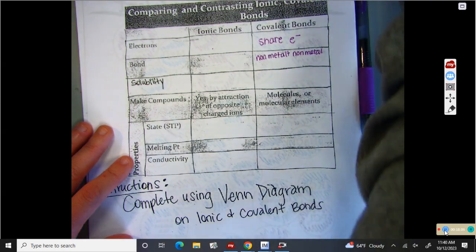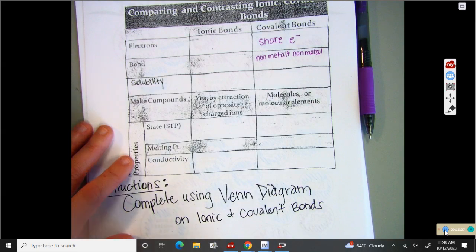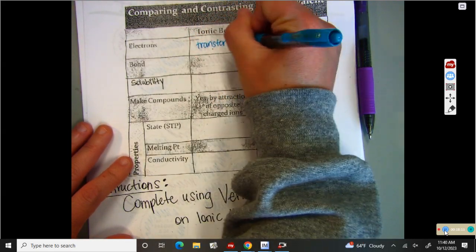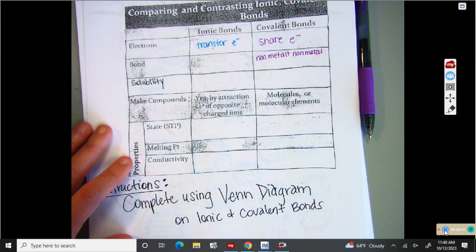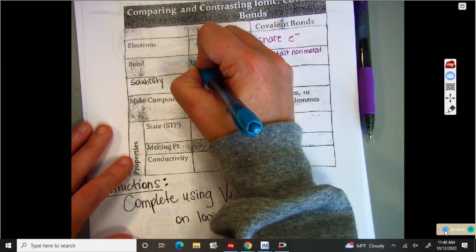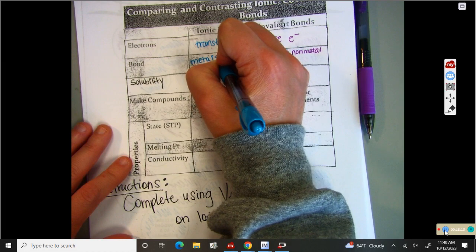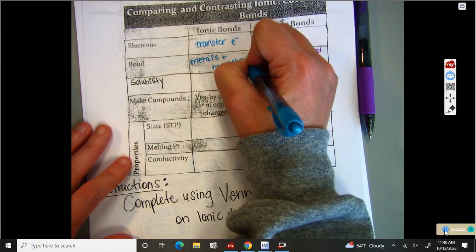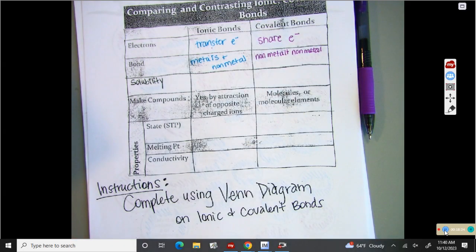If it's ionic, we know that they are transferring electrons, and they are bonds between metals and nonmetals. So if you ever see a metal, you are looking at an ionic bond. You have to remember that. If you ever see a metal, it's ionic.